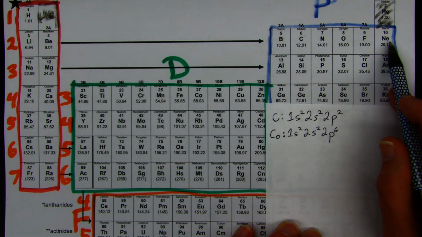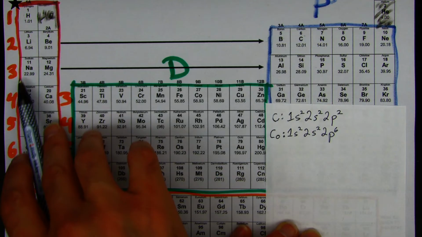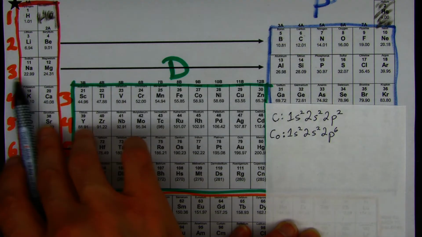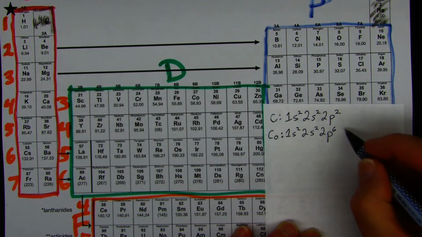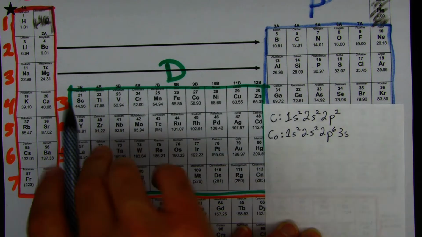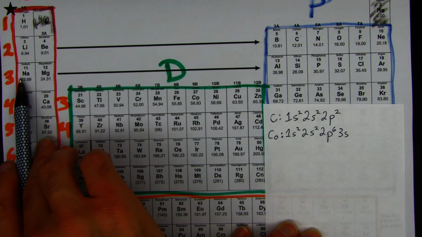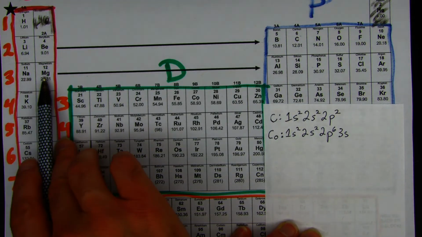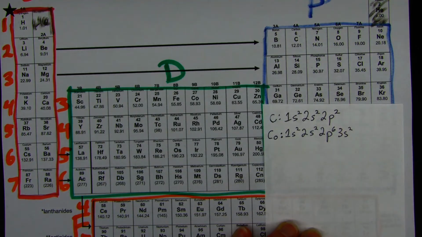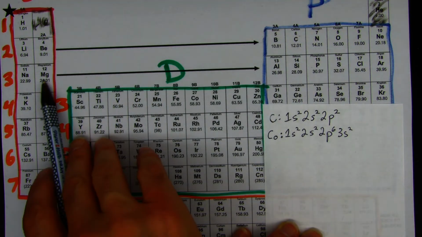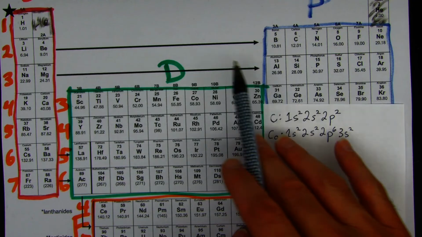So keep going. So I go to 11. Now I'm at sodium. I'm in period 3, so third energy level. S block, so that's 3s. I got to go through sodium and magnesium, so that's 2, so that's 3s2. And then I got to jump over again to aluminum.